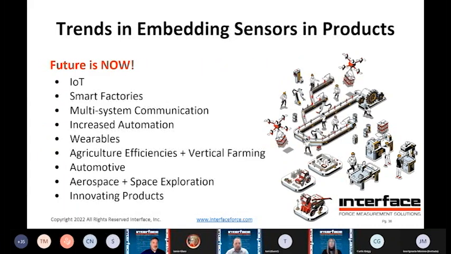So the future is now. Obviously, Internet of Things has been out there for years, but it's here now, with the smart factories, the different communication protocols, multi-system communications, increased automation. The more they automate, the more there's a need for automation, automating the automated. Wearables we talked about.